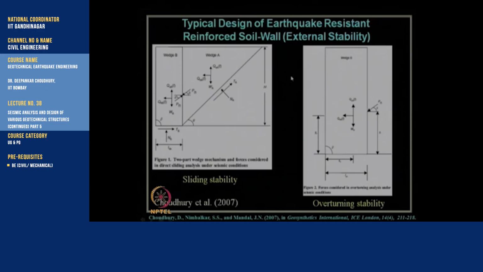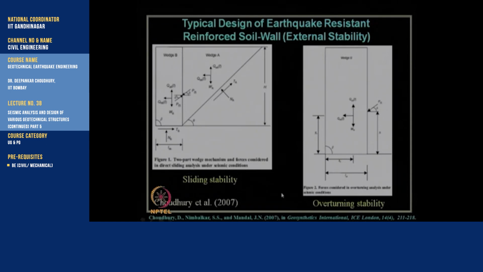Then we had also discussed in our previous lecture about the external stability criteria of this reinforced soil wall, where the reinforced soil zone has been subdivided into two portions. One is wedge A, triangular wedge, and wedge B is rectangular wedge.